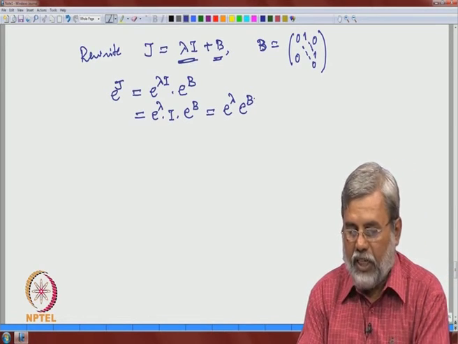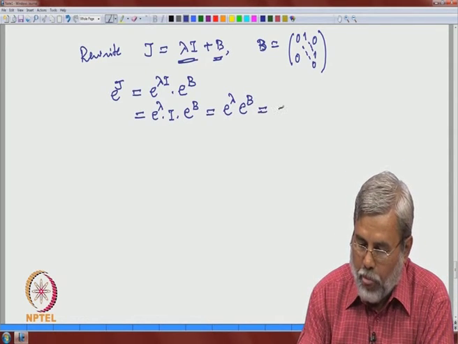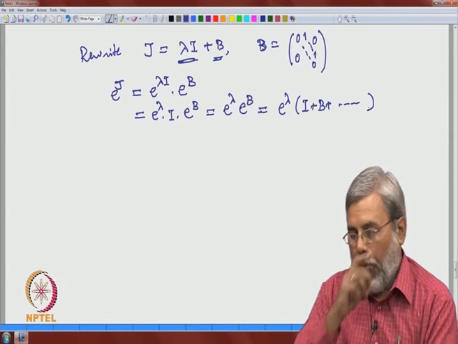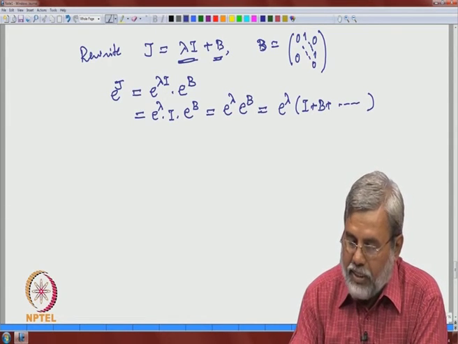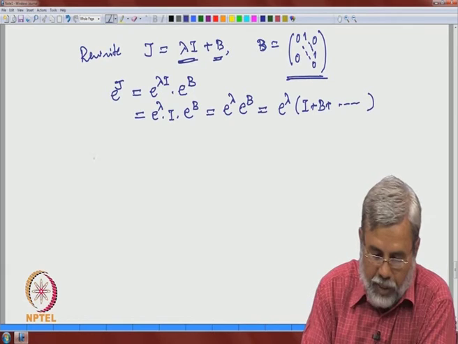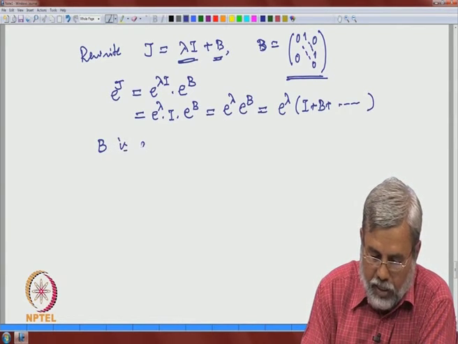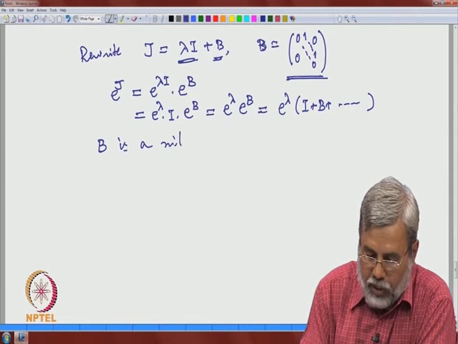And now, let me just expand this. So, this is by definition I plus B plus B squared over 2 factorial and so on. Okay. The important thing about B is that B is a nilpotent matrix.